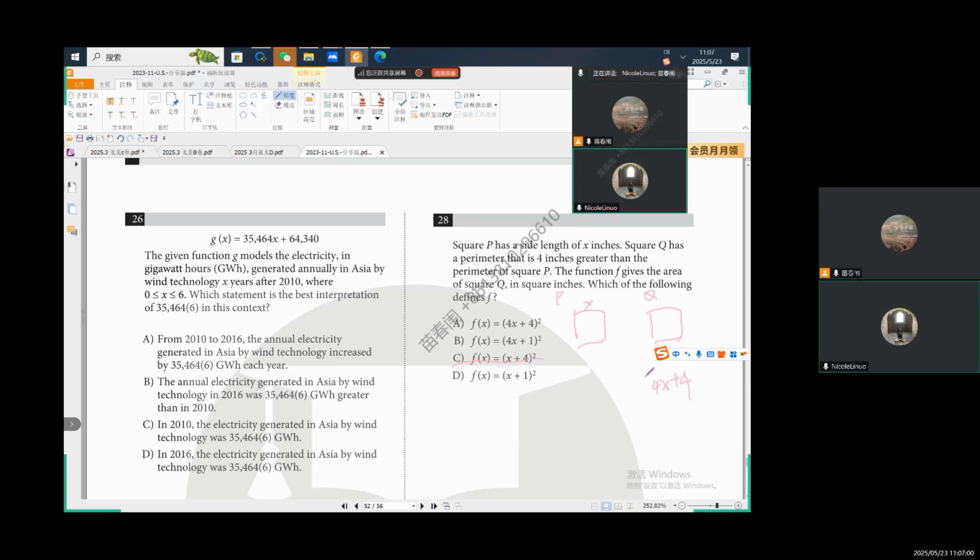Because it's the perimeter. This is the perimeter for Q. Has a perimeter that's 4 inches greater than the perimeter of Q. So then I want. How do you prove it's C? I mean, how do you do it anyway?